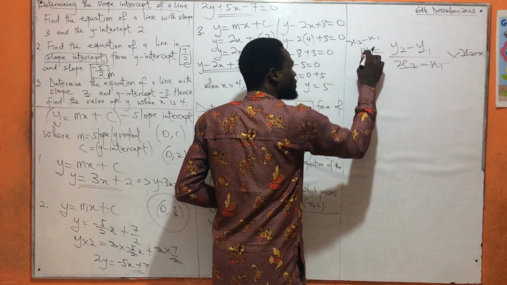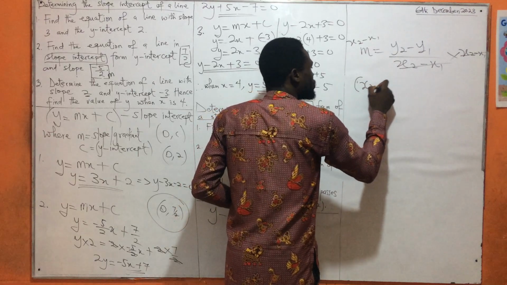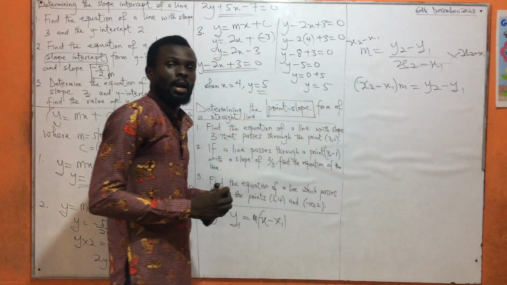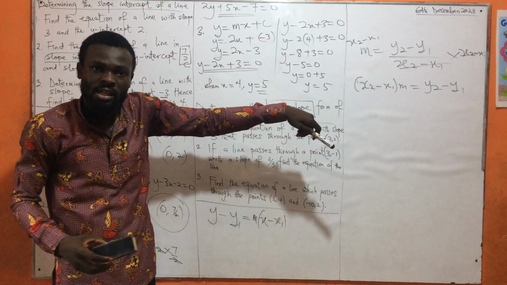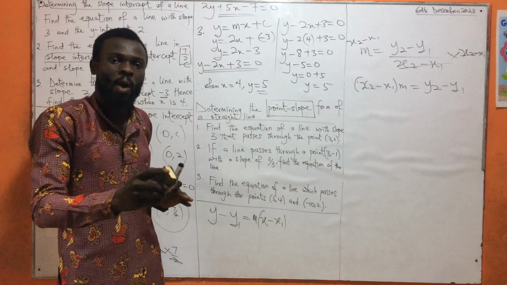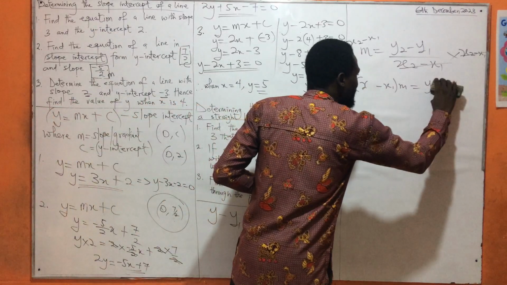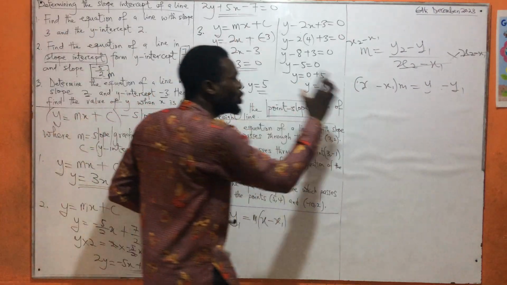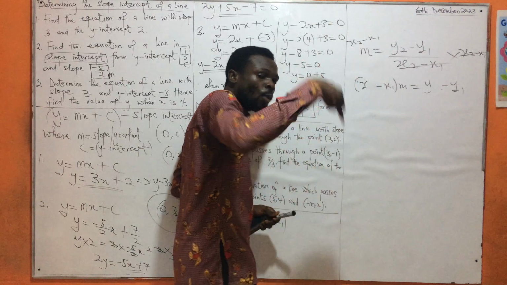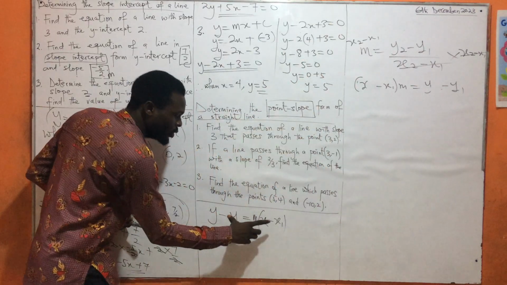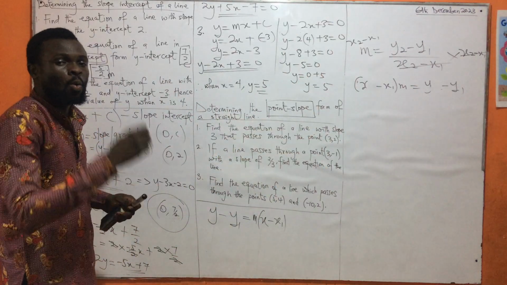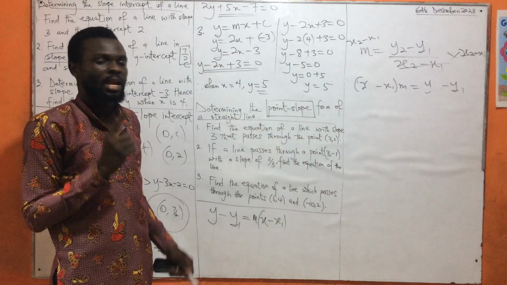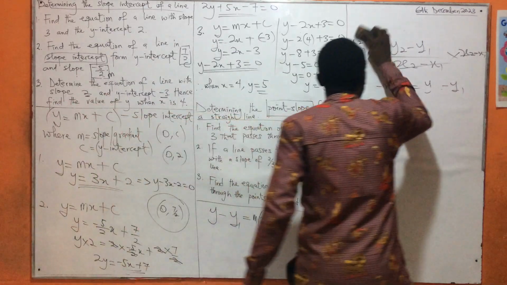So you have m multiplying x2 minus x1, is equal to y2 minus y1 times m. But because we need an equation, we have to let the variables x and y be alone. Therefore, we let this one be x and y. And we use this to find the equation of the line when we are given the gradient and one point. And this is the form of the point slope.